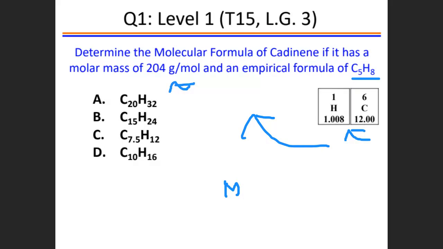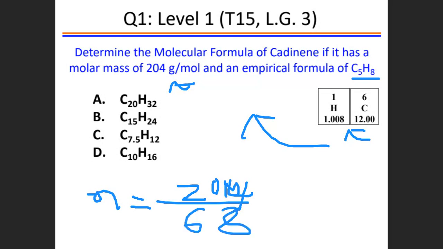First, you have to calculate the n. For the n calculation, you already have 204, and then you have to find the mass of C5H8. I think it's almost 68 or something. So you will find the n number, and you have the C5H8.